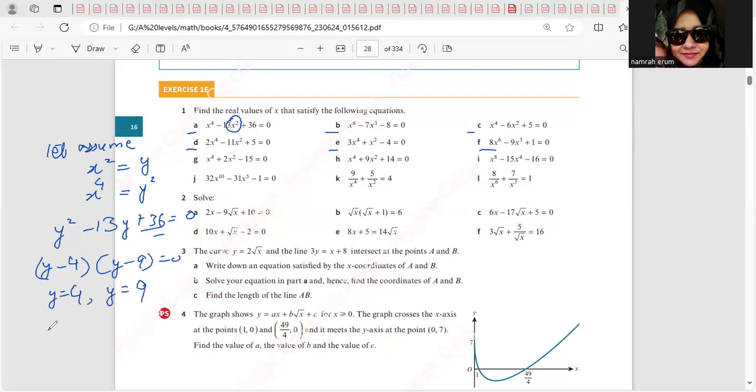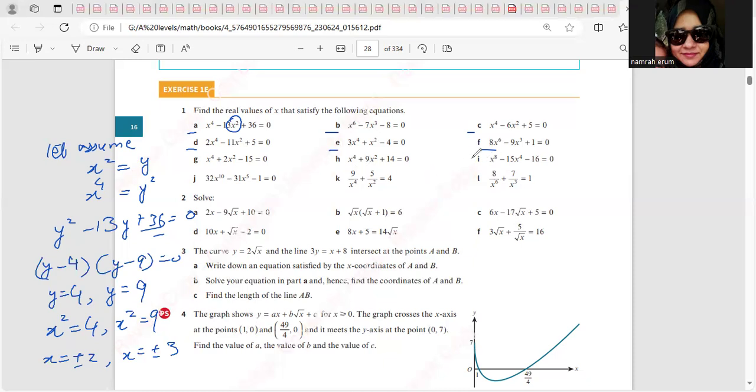Basically, y is what? x squared. So x squared is equal to 4 and x squared is equal to 9. So the value of x would be plus minus 2, and x is plus minus 3. Right?